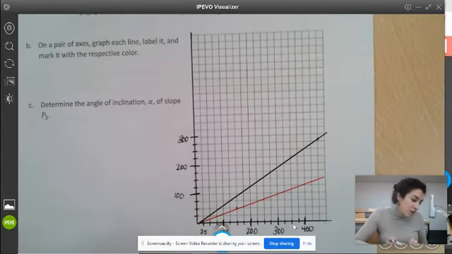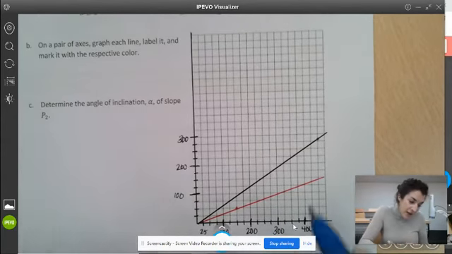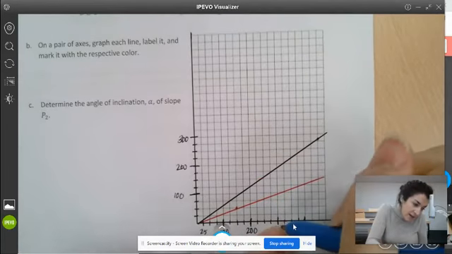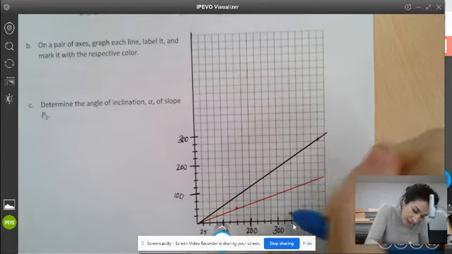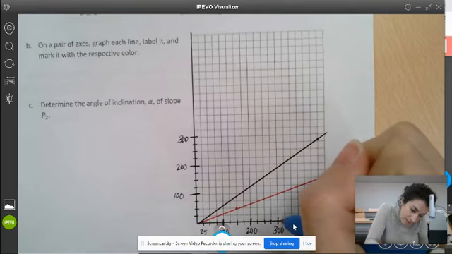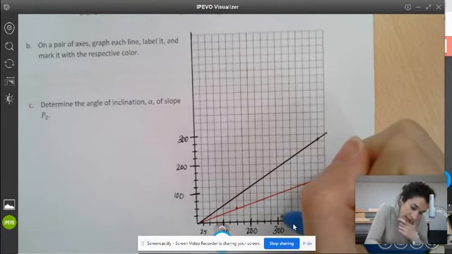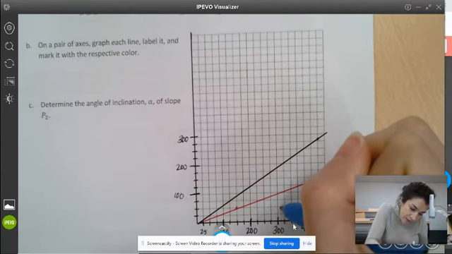My green slope has the top at 310, and then the y value is 48, somewhere around here.